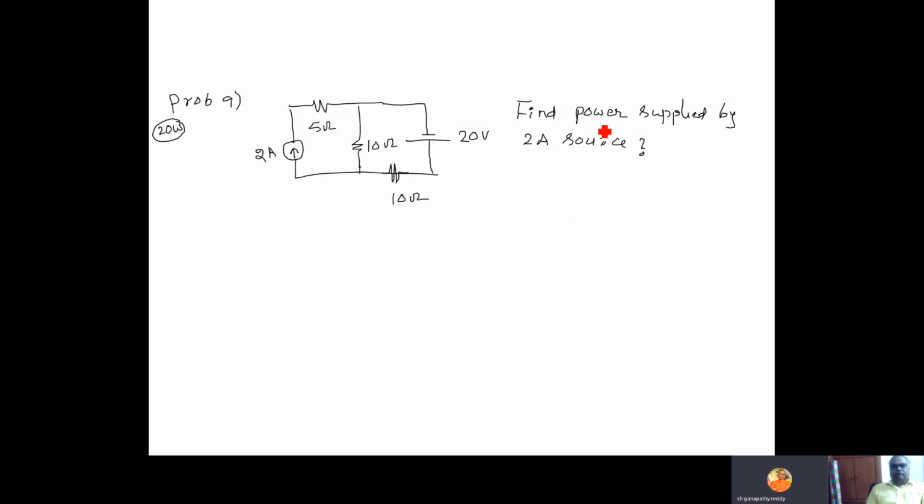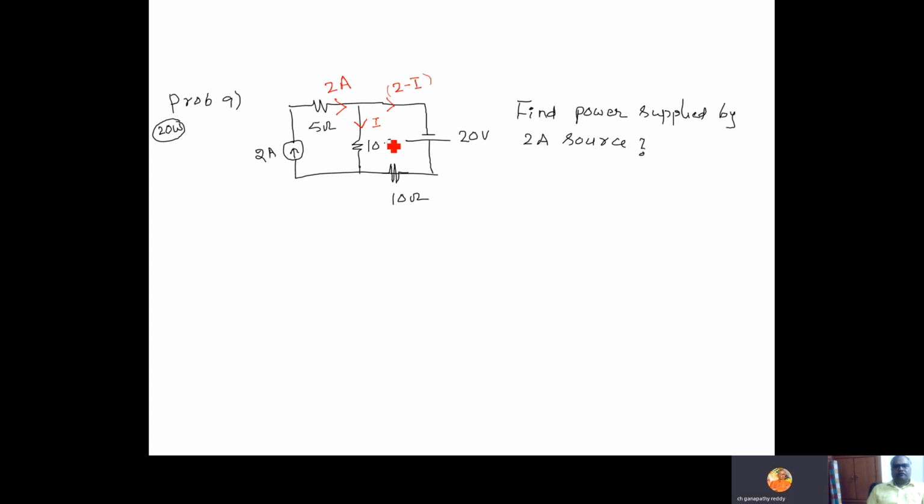Here is another problem. Find the power supplied by the 2 ampere source. This is giving a current of 2 amps. Then there is one resistor and another resistor. What is the current here? We don't know, so assume a current of I. Then this will be 2 minus I. Now write one mesh equation.